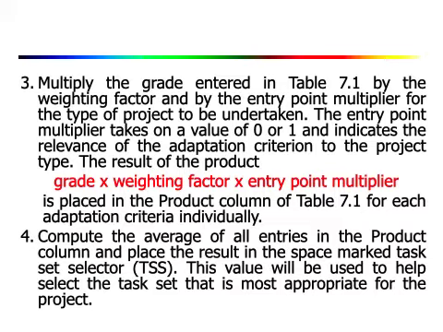There you take the average of all the values in the product column. Okay, and this value will be used to help select the task set that is most appropriate for the project. Okay, so how are you going to use this TSS, task set selector value?